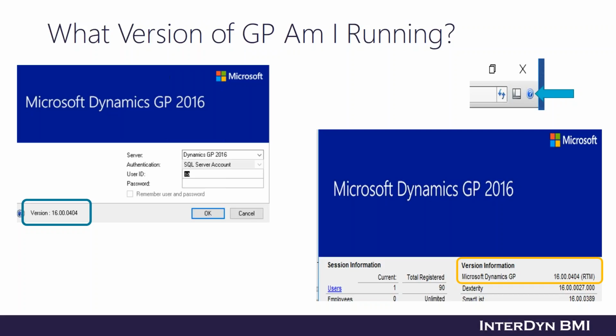On the right-hand side at the very top, you'll also see the exact version number that you're running. And of course in the blue banner, just like the login screen, you'll see that this is in fact GP 2016. So those are two easy ways to tell if you're not 100% positive of what you have.